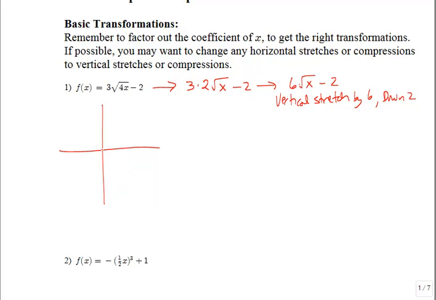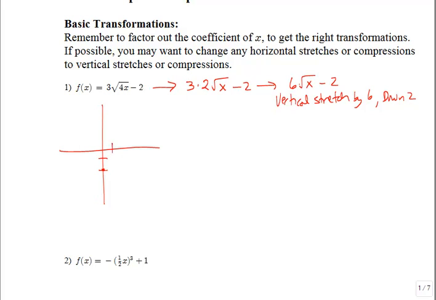If you're starting at a height of 0 and you stretch that by 6, you're multiplying that height of 0 times 6. 0 times 6 stays 0. So this initial point doesn't move because of the stretch, but it does move because we're going down 2. So my very first starting point, instead of being at the origin, is going to be down here at -2.